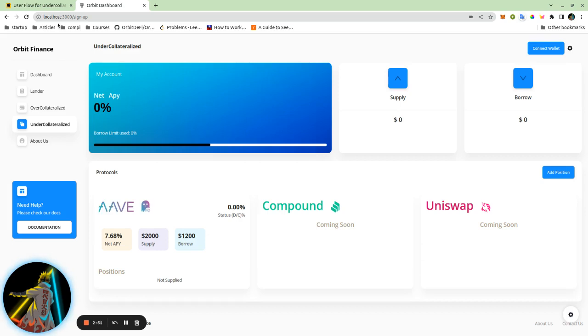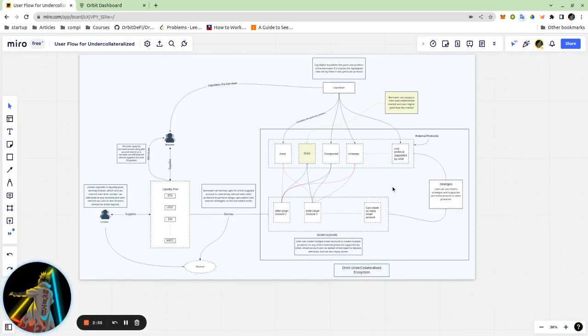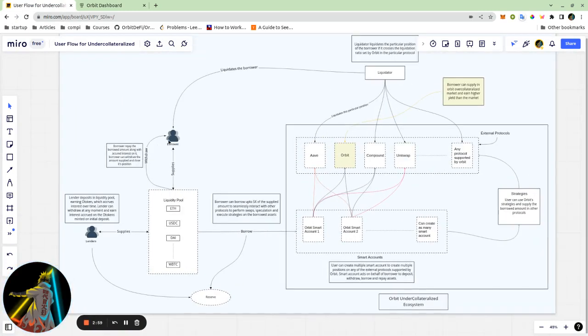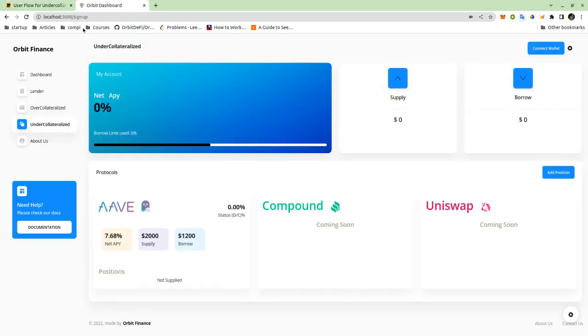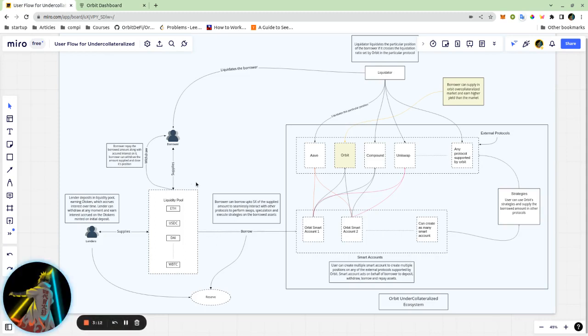Before going into the depth of the under collateralized market, I would like to explain how it will work. The under collateralized market is usually for borrowers. A borrower will have to supply some funds to the liquidity pool. This is the margin we'll be using. This same liquidity pool will be used in both the previous markets as well, and the borrower will be able to borrow more than he supplied.